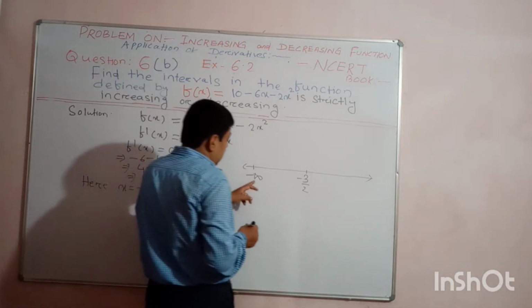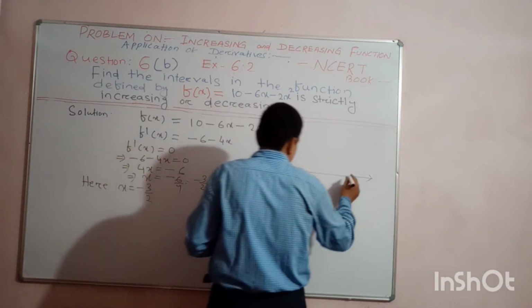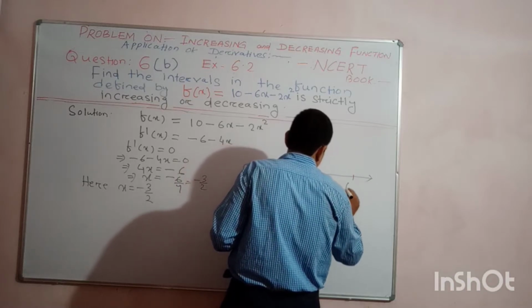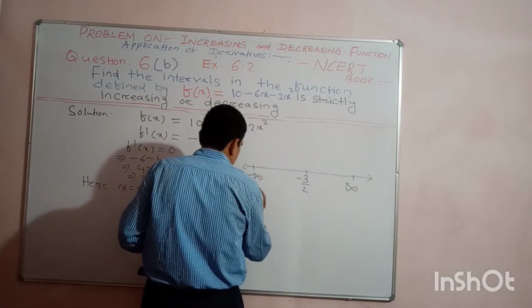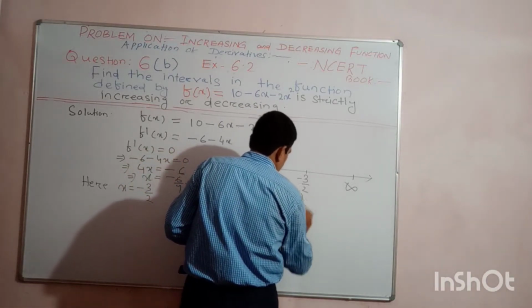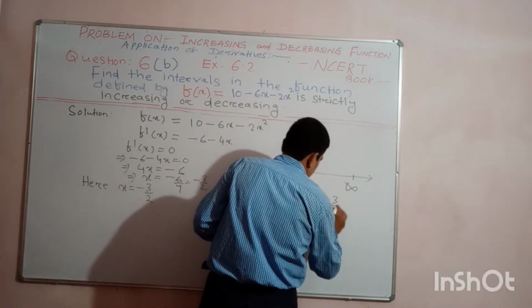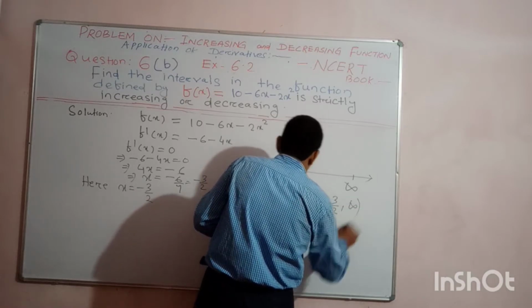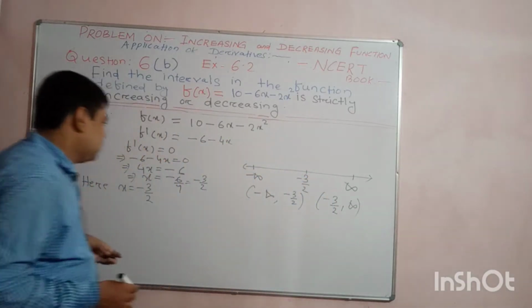One is minus infinity to minus 3 by 2, and another is minus 3 by 2 to infinity. Understand or not? Okay, we are getting two disjoint intervals.